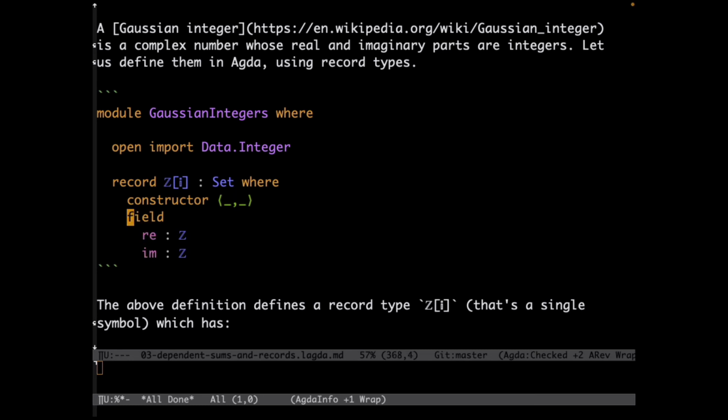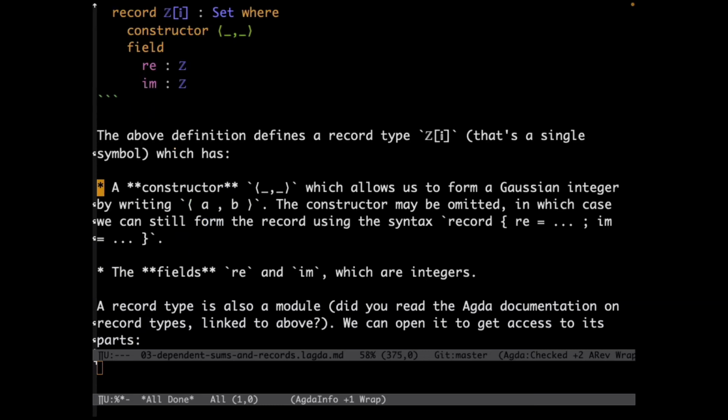So below you have a field declaration, and you just list all the fields with their types. So here in this case we actually see a record where the two types are not dependent. This one doesn't depend on the previous one, but later we'll see dependent records where the field types depend on the previous fields. So we have two components, the real and the imaginary component, and they are integers. Questions? So let's see how this works.